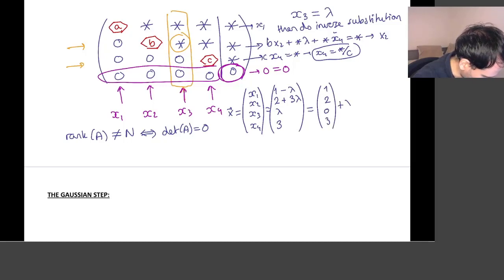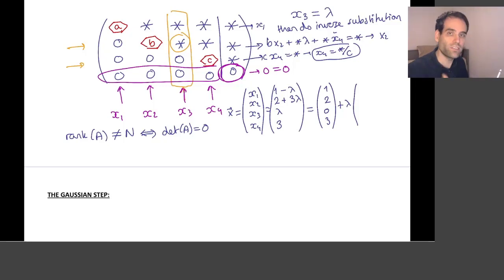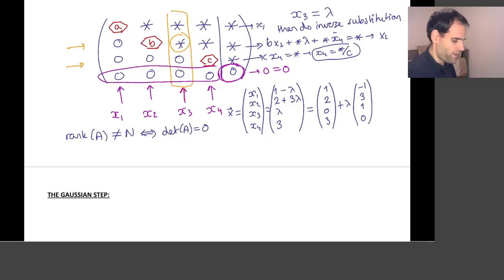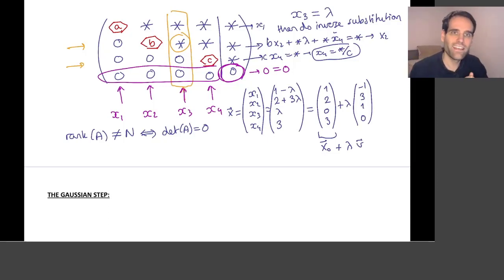And then plus lambda times those numbers that are multiplying lambda, which would be minus 1, 3, 1, and 0. And now this is great because now we have the parametric equation of a line, right? We have x0 plus lambda times some vector v, which is the direction of the line. So we are solving this system of equations geometrically by saying that the solutions span a line.